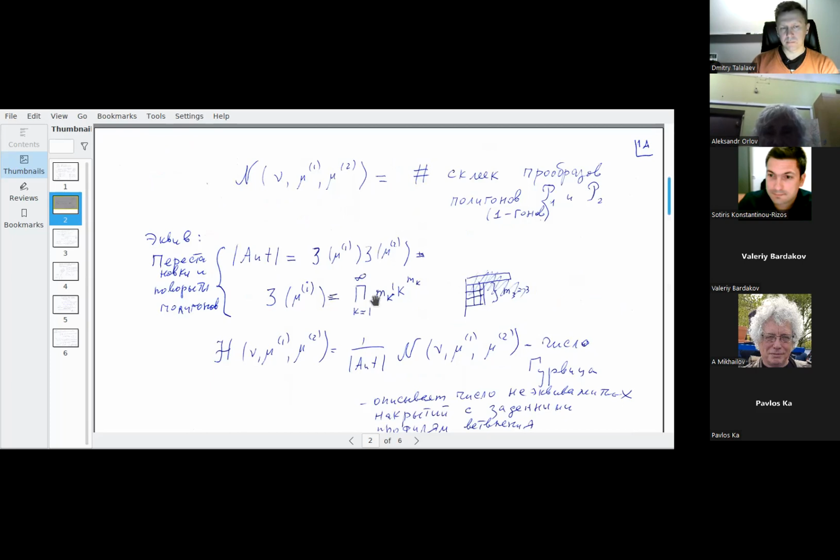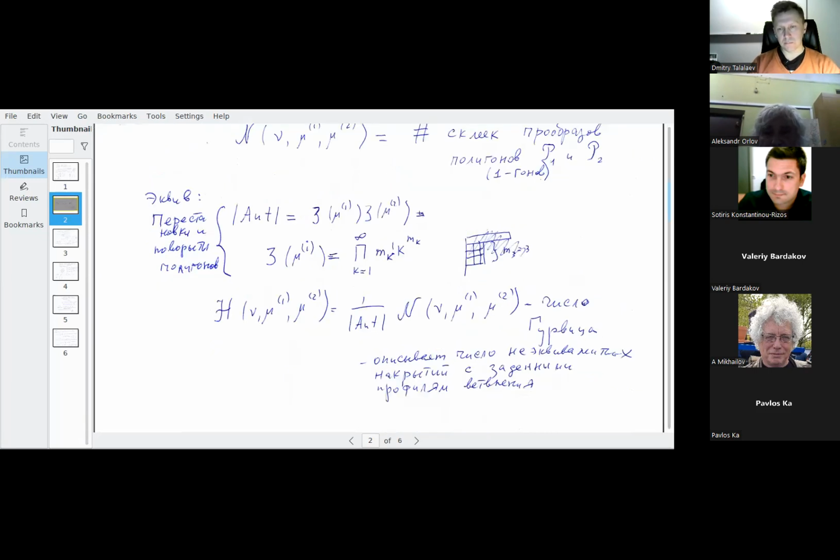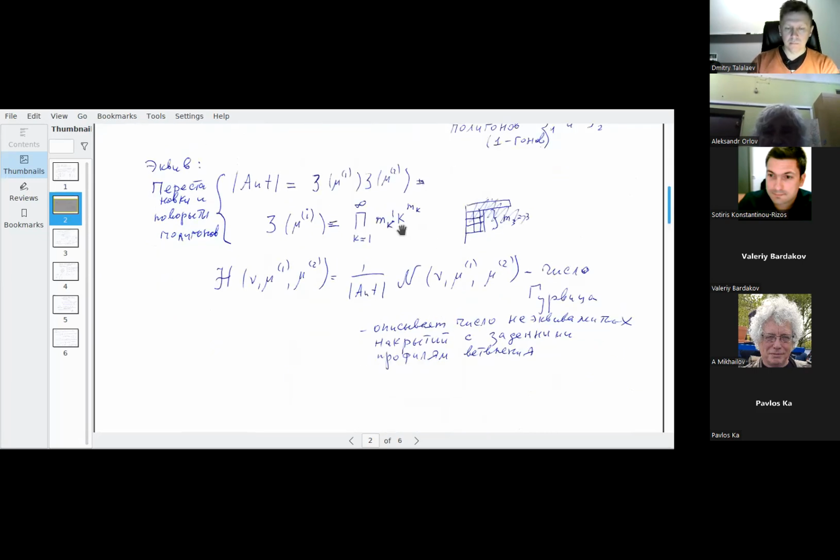And these automorphism numbers are very well known. If we have a partition with M1 parts equal to 1, M2 parts equal to 2, and so on, with this number, some people call it the automorphism of the Young diagram. I think it is not very good.